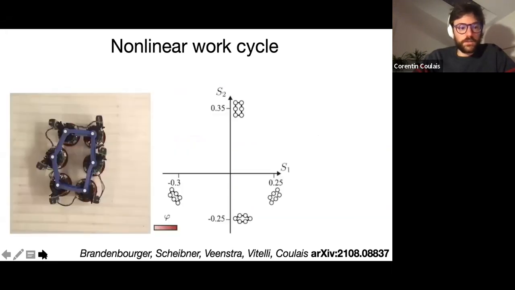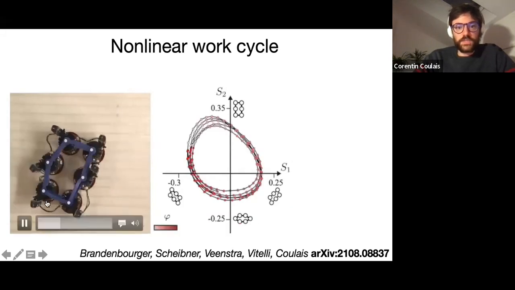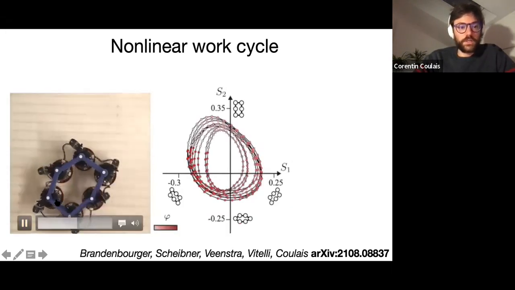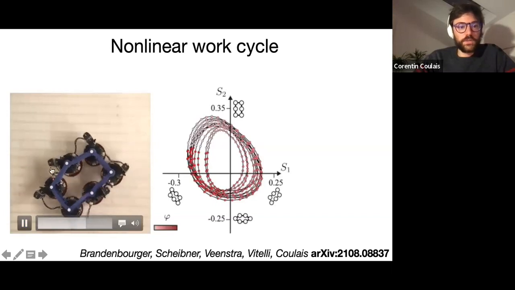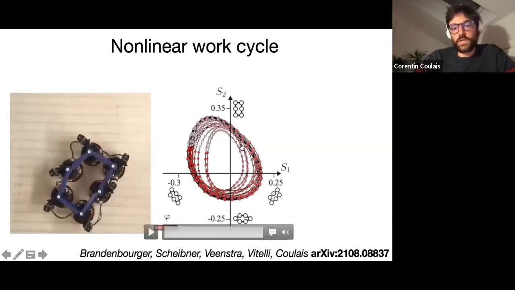This is the same here, but in a hexagon. You see here that essentially your hexagon shakes around, exhibiting self-sustained excitation between these two shear modes, and you see that it leads to a cycle.